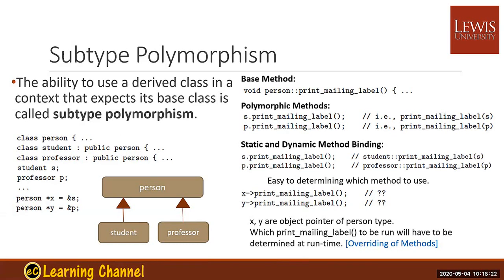Here we have a class Person, and there are two subclasses, Student and Professor. S and P are two objects, a Student and a Professor.